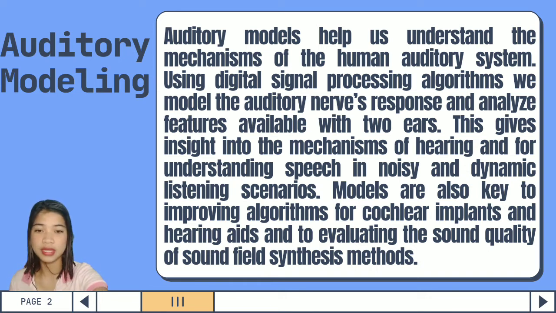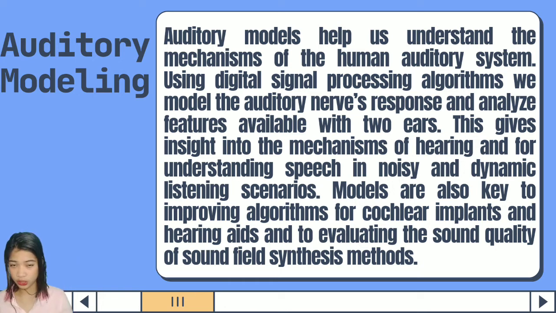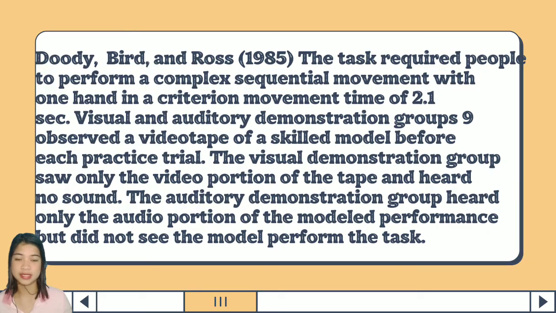A good research example of the effectiveness of auditory modeling when the goal is specific movement time is an experiment by Bird and Ross, 1985. Their task required people to perform a complex sequential movement with one hand in a criterion movement time of 2.1 seconds.